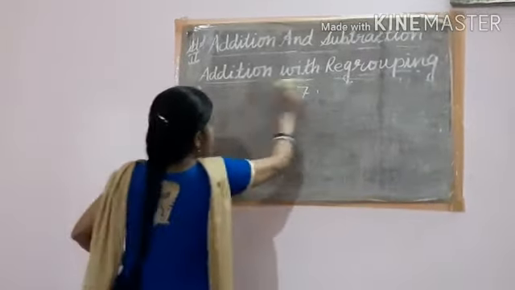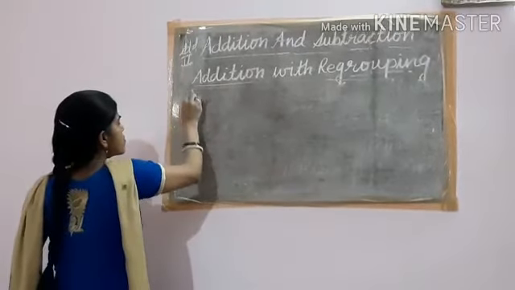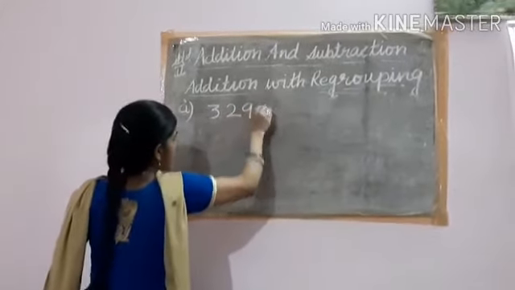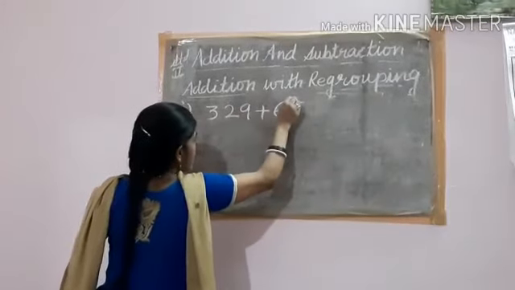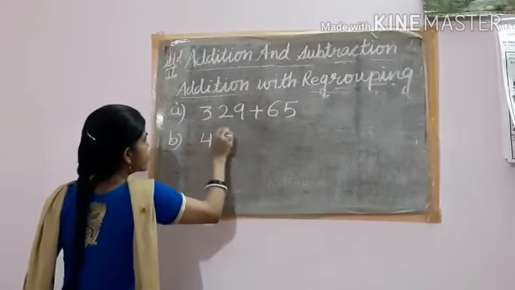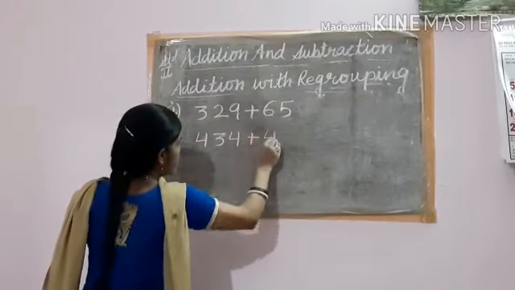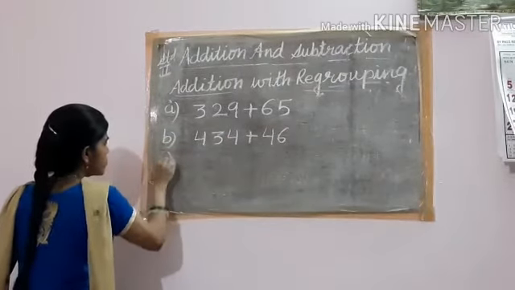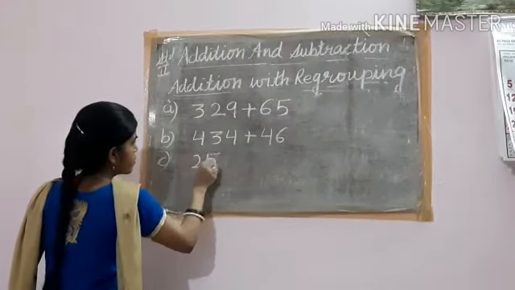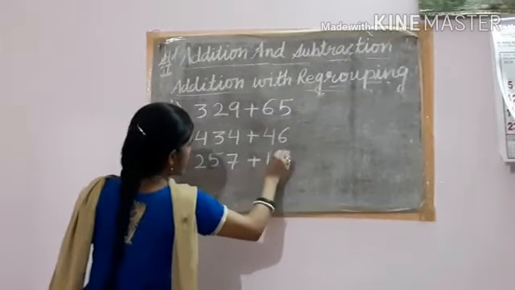I am writing 3 sums here. You note down. 257 plus 136.